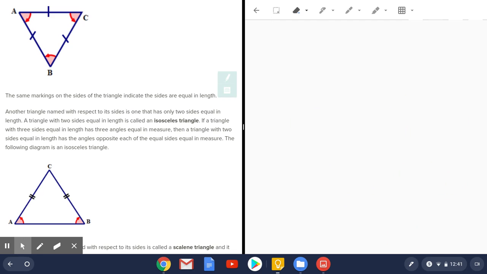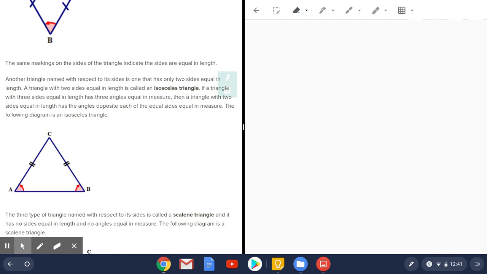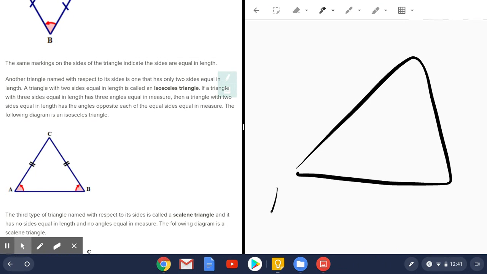Let's talk about our next one. So we have triangle A, B, and C. So A and B are the same measurement. The ones that are directly across from them, so for B, it would be this side right here.